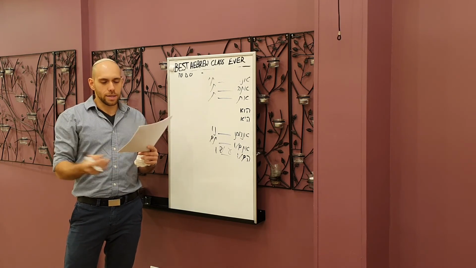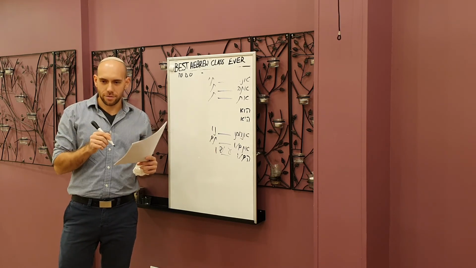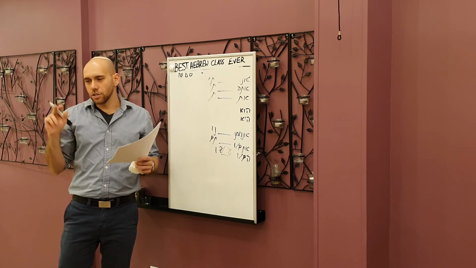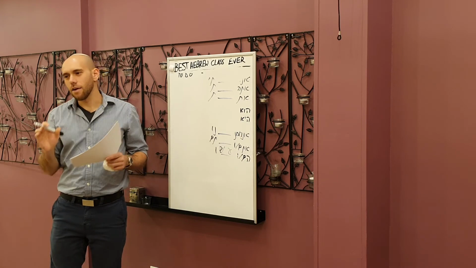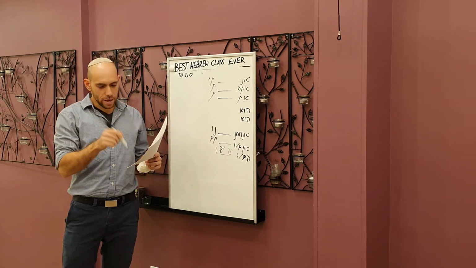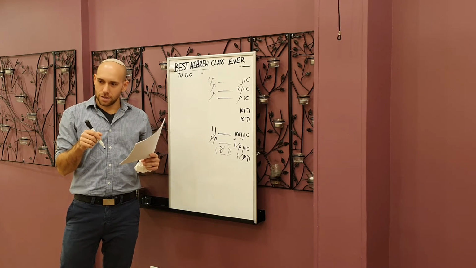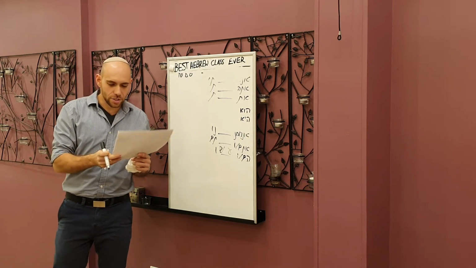Now, why is it ne'emar and not nimar? Because it starts with the aleph. So we saw certain accommodations made for the hey at the end. Now we're making accommodations for the aleph in the beginning.